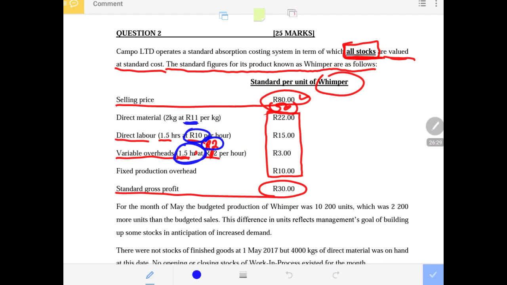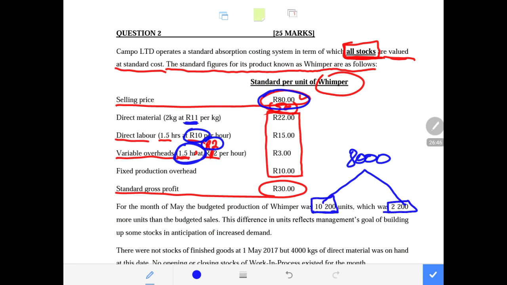We said that the selling price is budgeted to be 80 rands, and our sales are budgeted to be an amount of 8,000 units, because we produced 10,200, which was higher by 2,200 from what we budgeted to sell.